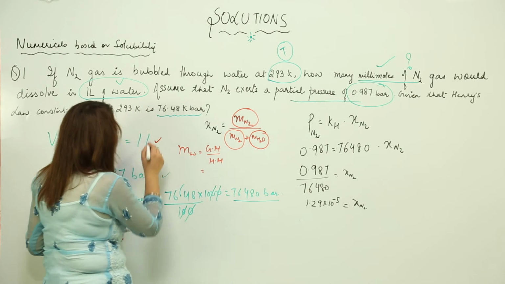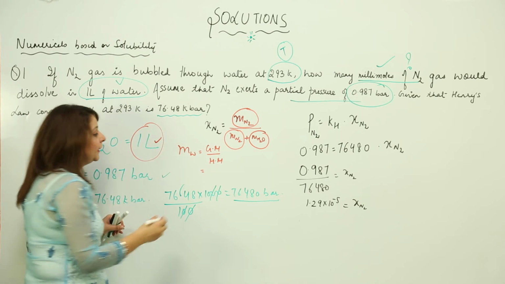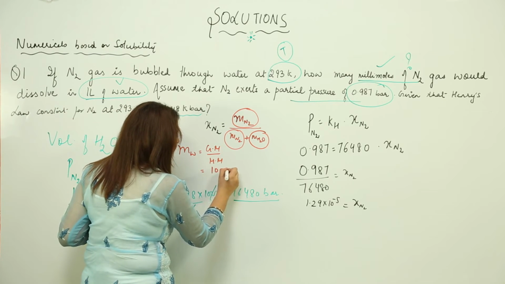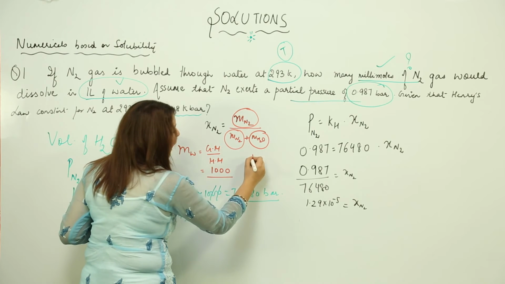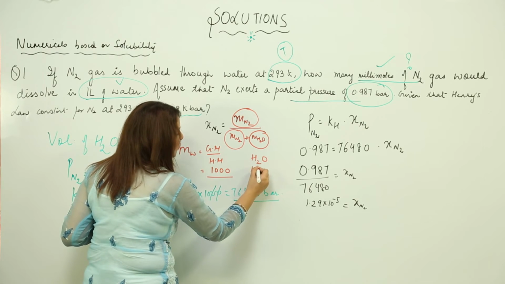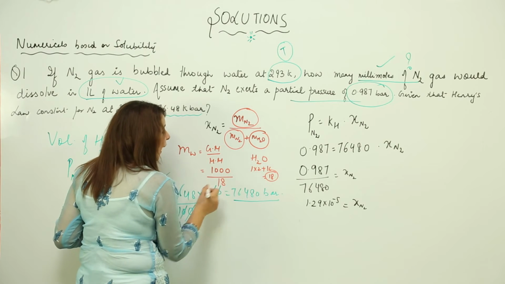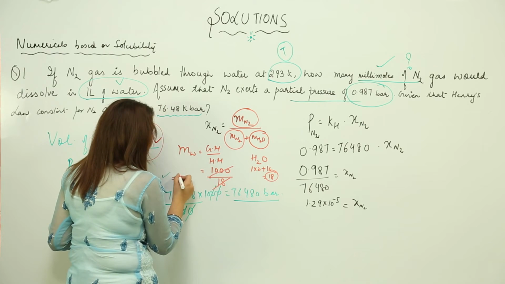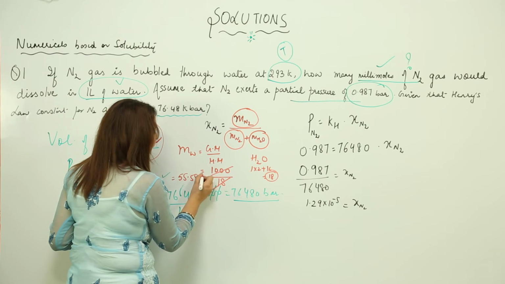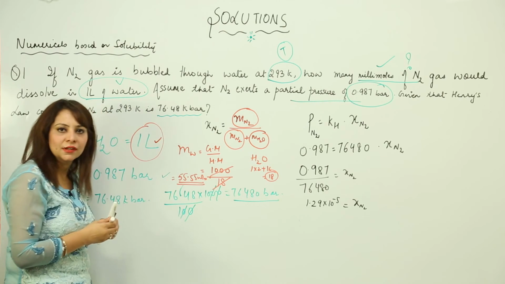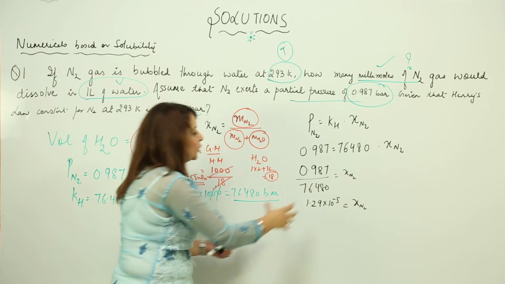Here the given mass is 1 liter, which is approximately 1000 grams. The molecular mass of H2O is 1 into 2 plus 16, which comes out to be 18. When you solve it, you will get 55.55 moles. This is what we are going to substitute in this relation.